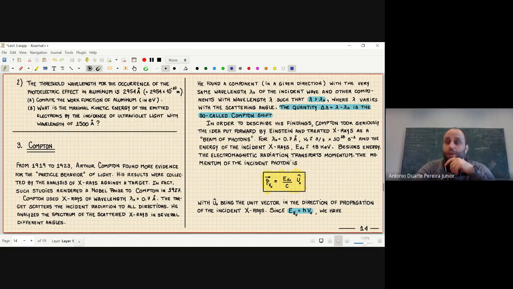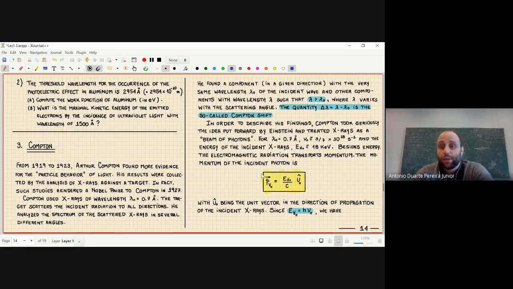So the initial momentum of the X-rays that are thrown against the target is given by this expression here. It's given by the energy of the photon divided by the speed of light. I'm not sure if you already encountered this expression in the relativity course that you're having, but if you didn't, you are going to learn that, so don't be afraid.